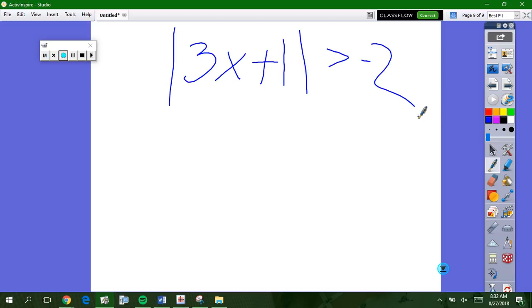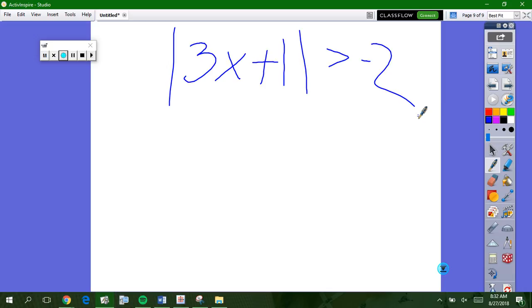Okay, what can we say instead of the absolute value? What's another word we can use? The distance, right? What is that saying? The distance is greater than -2. Isn't our distance always going to be greater than a negative number? Not no solution. It's an infinite solution.